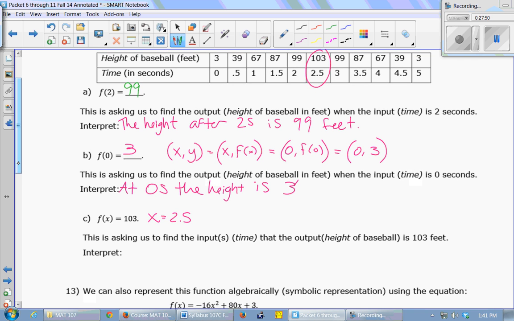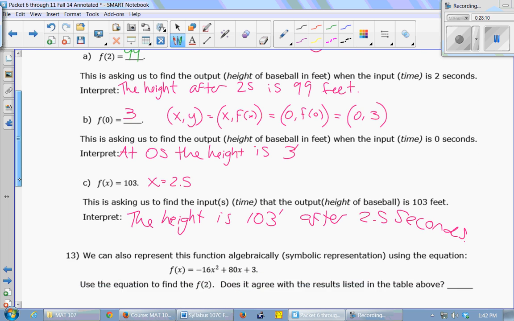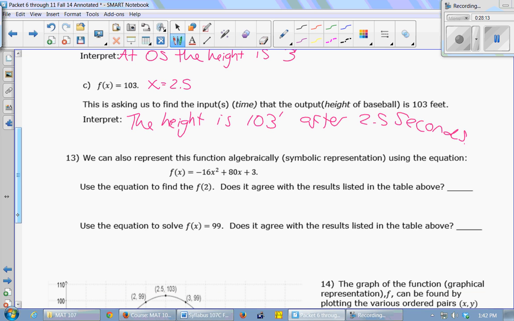And that says the height is 103 feet after 2.5 seconds. For C, you just put f of 2.5 equals 103. Yes, right? Or you could write f of 2.5 equals 103.